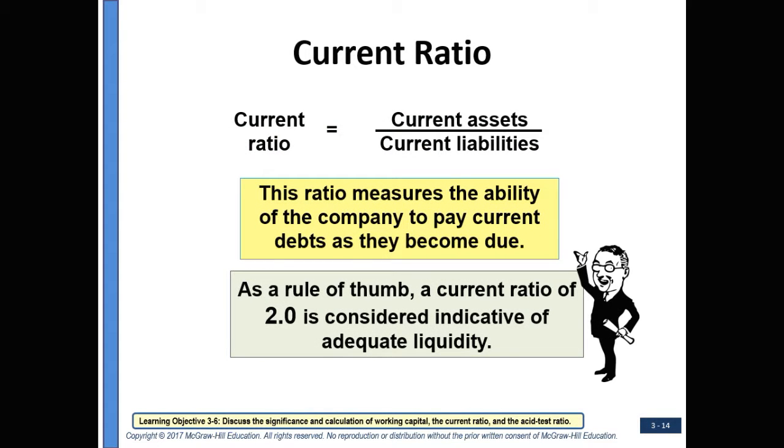The current ratio is a calculation that divides current assets by current liabilities. This ratio is a measure of the ability of the company to pay its current debts as they come due. And generally, as a rule of thumb, a current ratio of 2 is considered indicative of adequate liquidity.